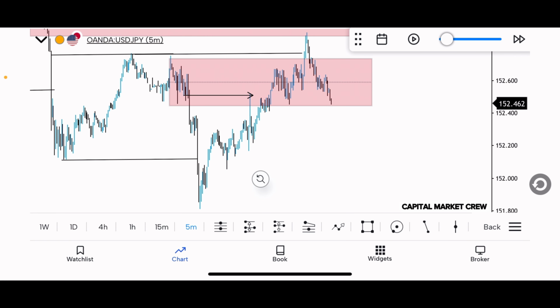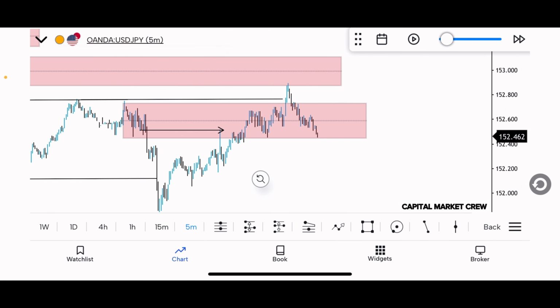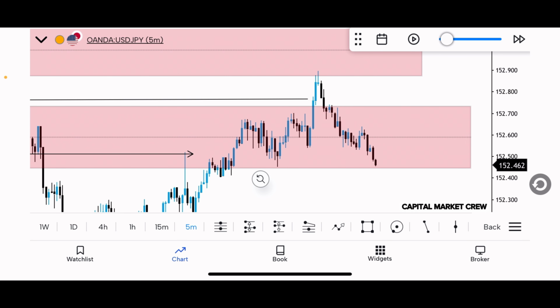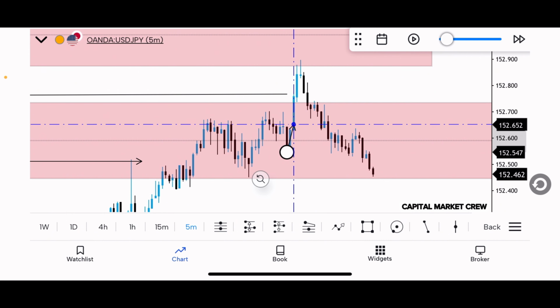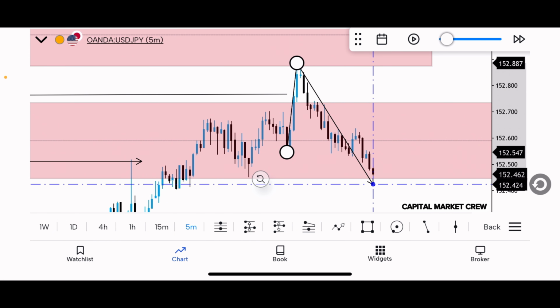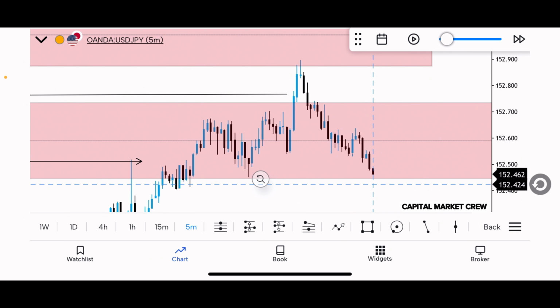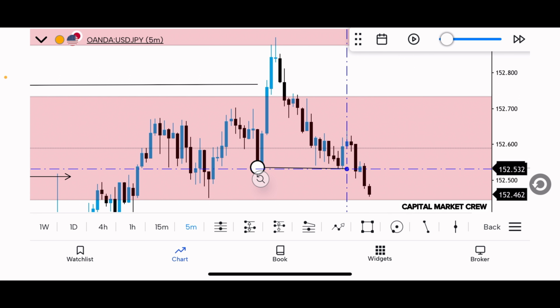So as we switch down to the 5 minutes time frame, this is the 5 minutes time frame. This is the leg that took out the liquidity, and came down, switching from bullish to bearish. It tapped the supply zone, switching from bullish to bearish, breaking here, price broke here.